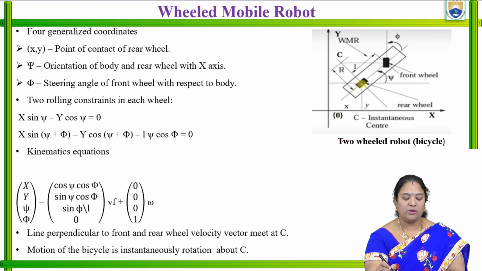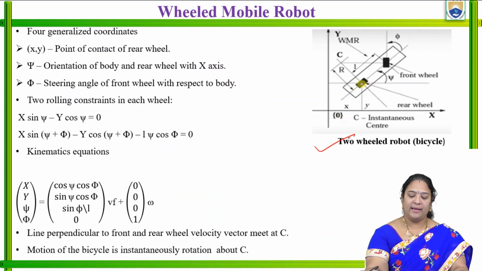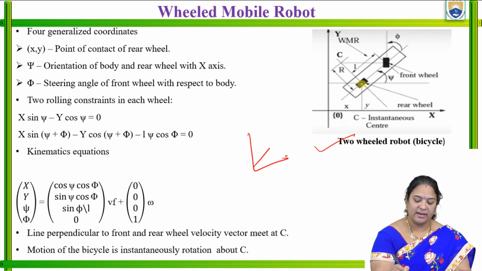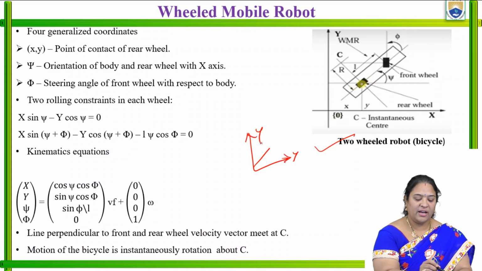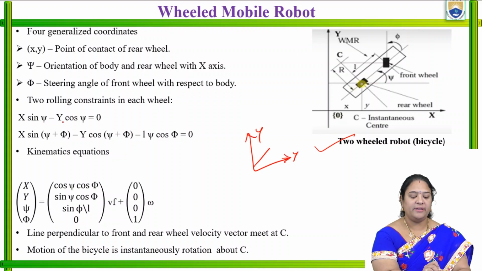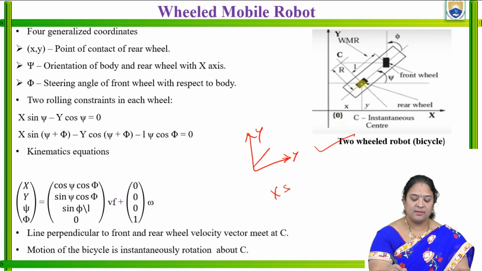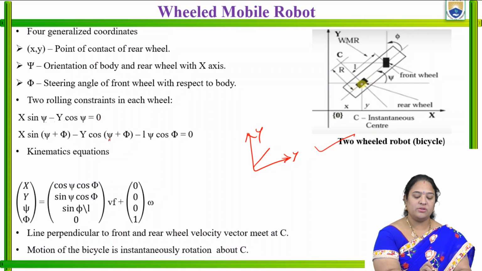When we come across the two wheeled robo, we take the axis of x, y, where we are taking x sine psi minus y cos psi is equal to 0. There we have taken x sine pi minus y cos pi. Here we are taking x sine psi minus y cos psi is equal to 0, where x sine of psi plus pi minus y cos of psi plus pi minus 1 into psi cos pi will be equal to 0.